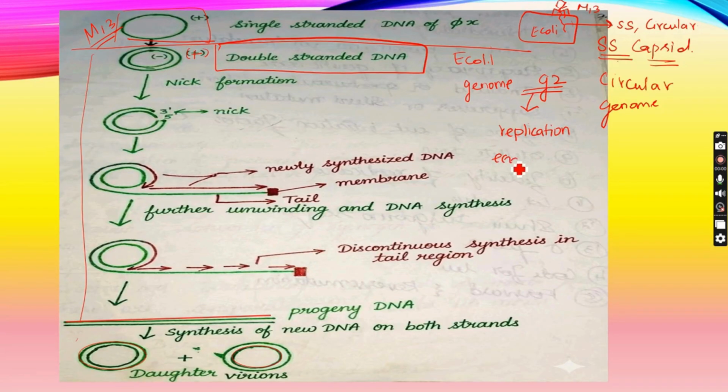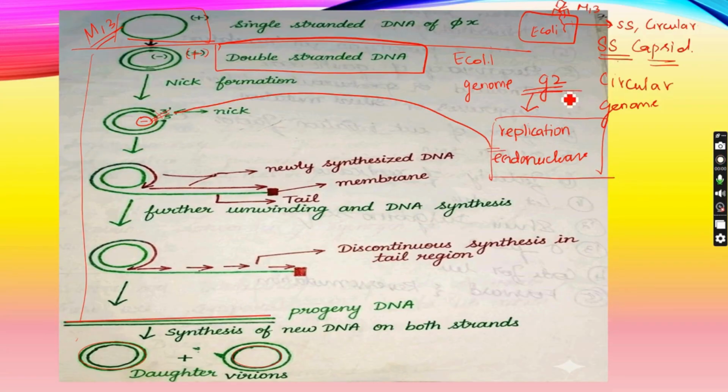This enzyme, or factor, is going to be synthesized by this genome after it became double stranded. This replication endonuclease is going to create a nick in the positive strand, that is the phage strand. Therefore, the negative strand is going to be intact, but the positive strand is going to be nicked by the replication endonuclease synthesized by the G2 gene.